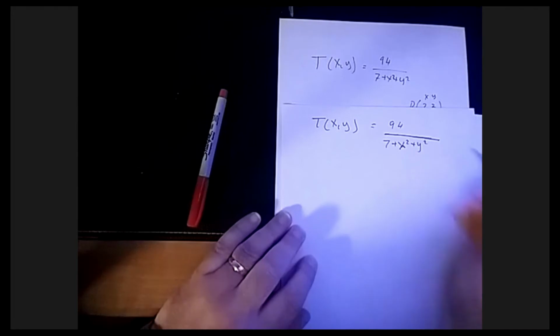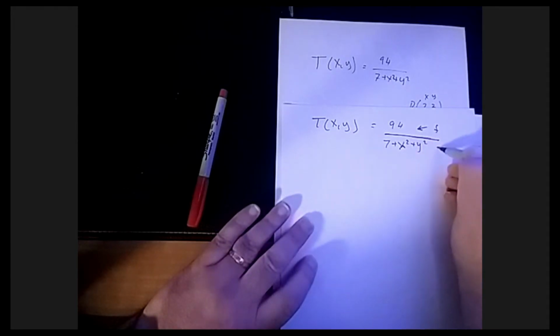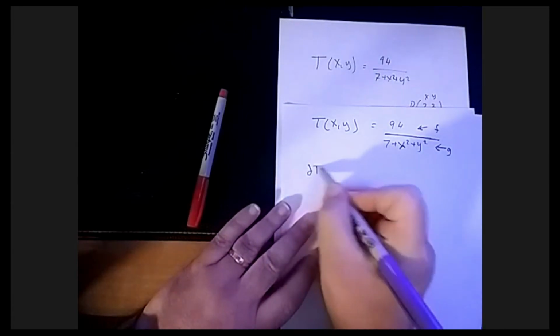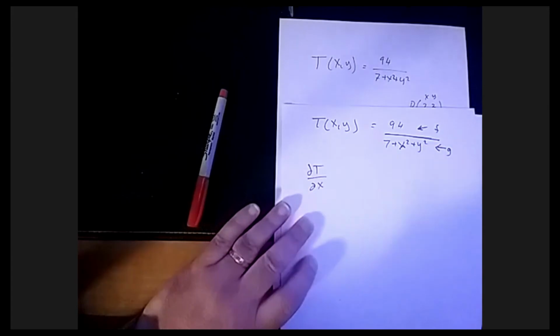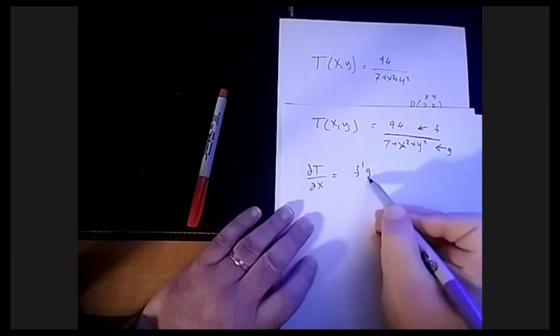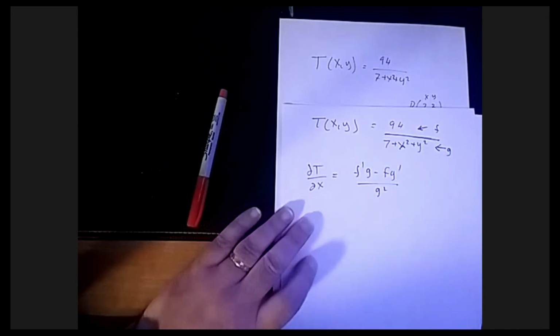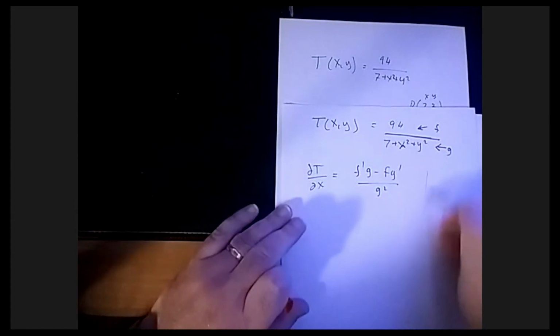You could think of this as being f, and this as being g. And if you wanted to find the partial derivative, let's say we do this one, then this would become the quotient rule, but a special, partial derivative version of the quotient rule.